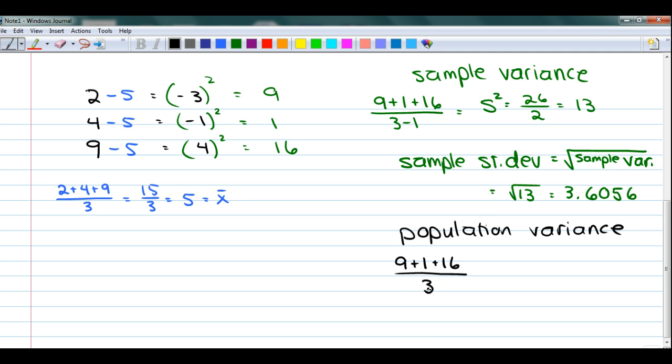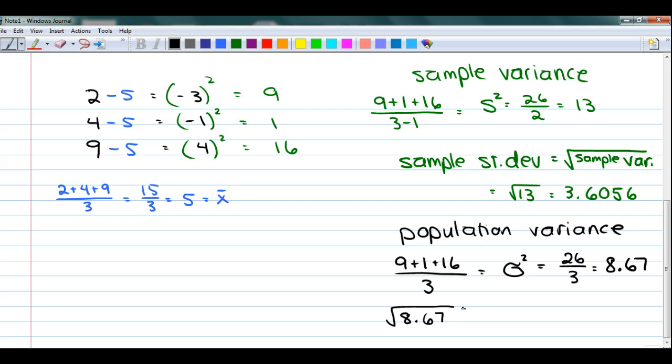We just leave it with the sample size of 3. That's lowercase sigma squared, which is 26 over 3, not quite as nice a number, 8.67 if I round. When we take the square root, if I didn't round, we'd get the exact number our calculator got.